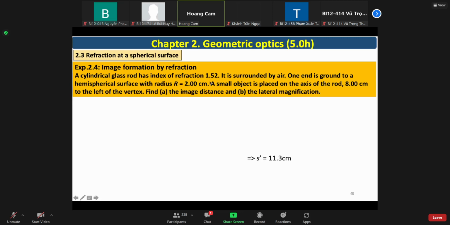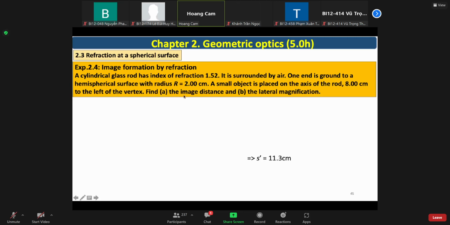So here the index of refraction is 1.52, and the rod is surrounded by air. One end is ground to a hemispherical surface with radius R equals 2 centimeters. A small object is placed on the axis of the rod, 8 centimeters to the left of the vertex, and there are two questions.